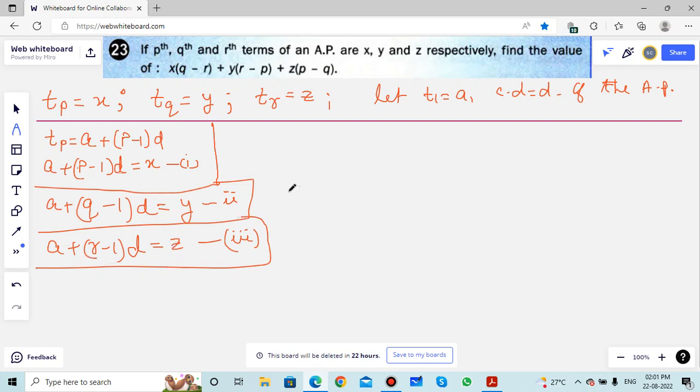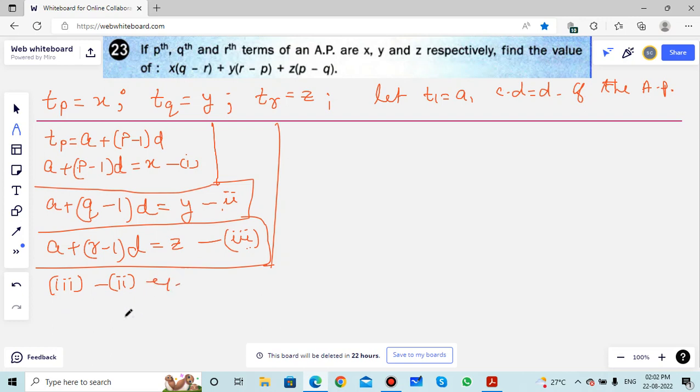So see, we have to get here q minus r. So this is q, this is minus r. If I subtract the third equation from the second equation, I can get q minus r. That's a possibility. So I'll put everything in one column here and start writing. I'll do third equation minus the second equation and see what happens.